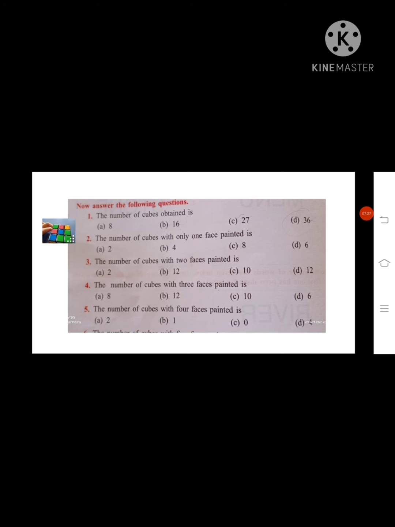Now concentrate here. If we see around it, whichever block is in the center has only one face visible. We cannot see this side of the block, we cannot see here, and we cannot see here. From right, left, up and down, it is totally block. So here we can see only one face of this block.